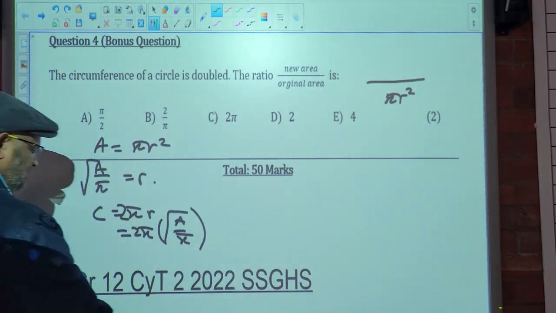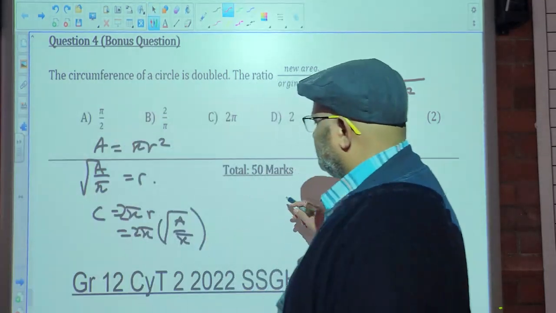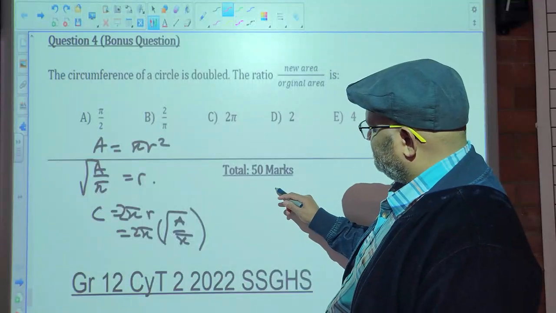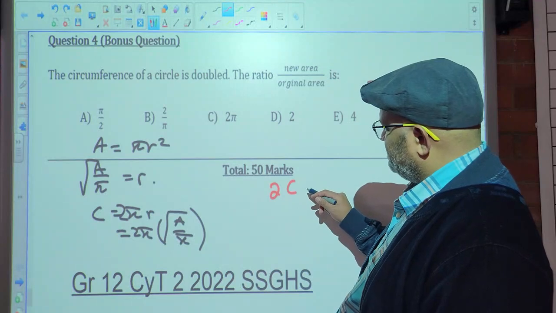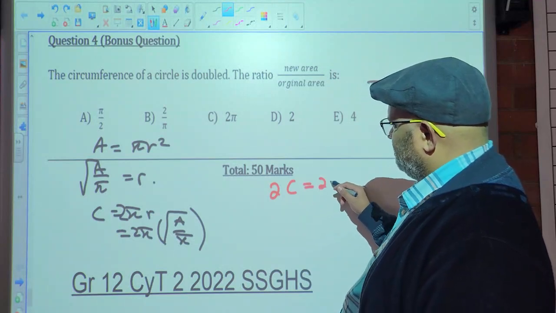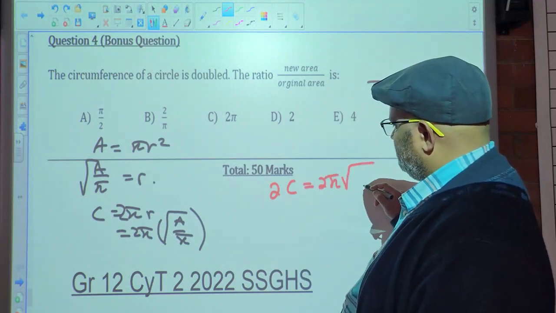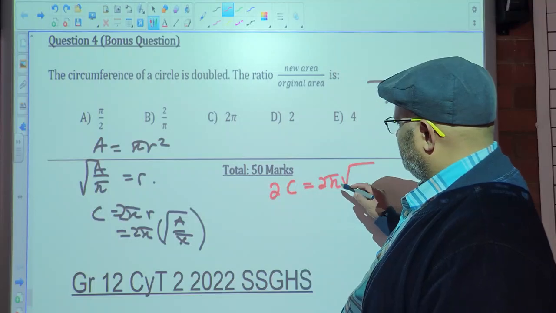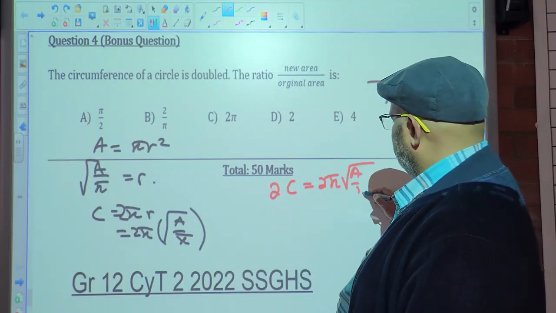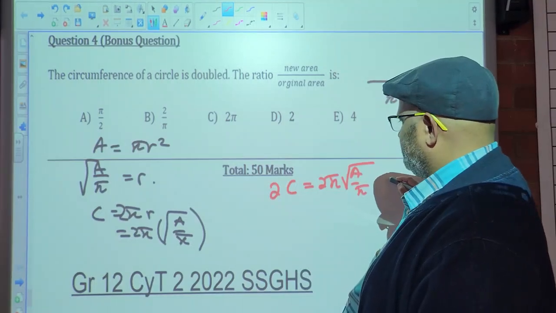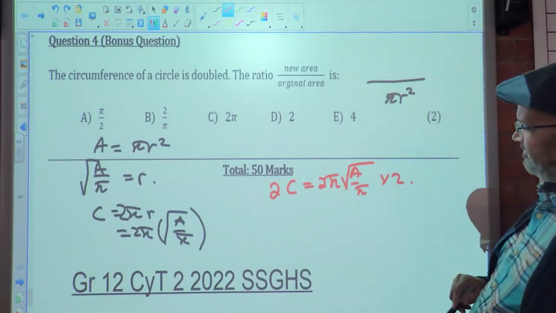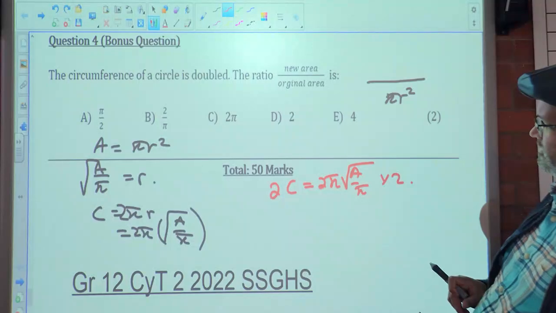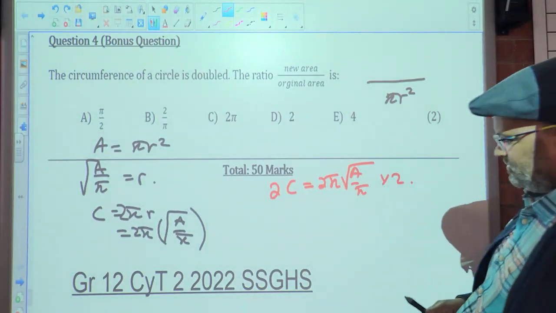But if the circumference is doubled, twice the circumference is going to give you 2 pi root A over pi times 2. Okay? No, so.